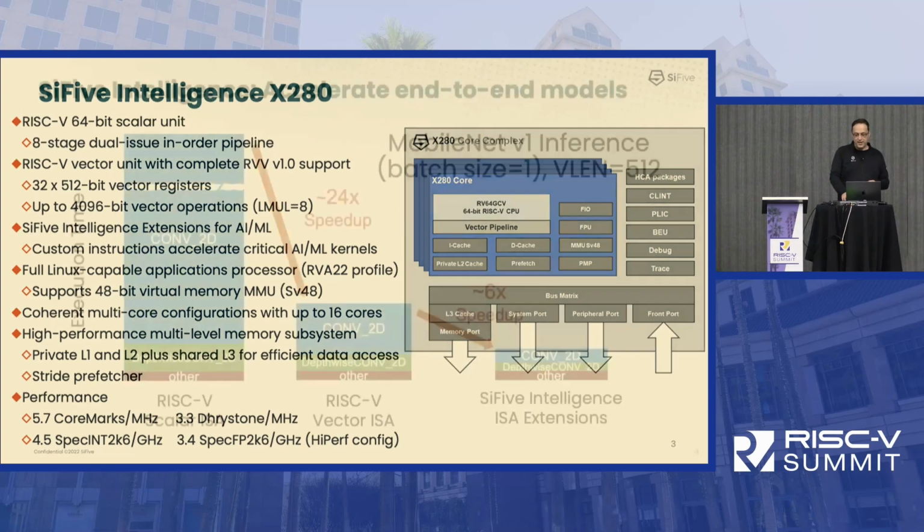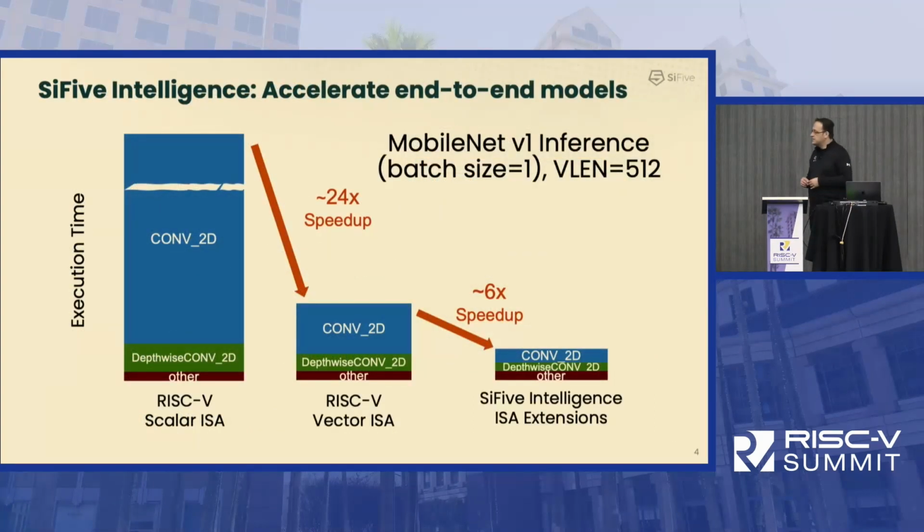So just to go over the extensions we added, if you start with the RISC-V scalar ISA and run a small AI workload, this is one example we looked at. Moving from scalar to vector, you get a big improvement, as you'd expect. These AI workloads are highly vectorizable, and we get a 24x speed up by mapping the workload onto the vector instructions.